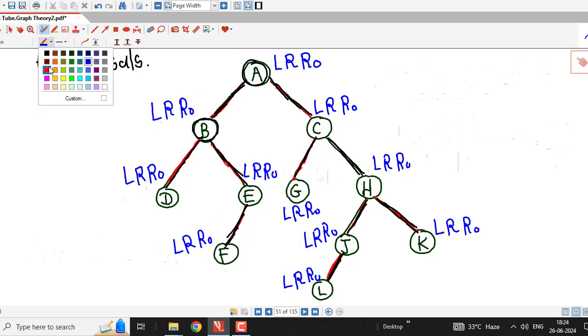Now we are writing the post-order traversal, and every time we will start with the root of given tree.